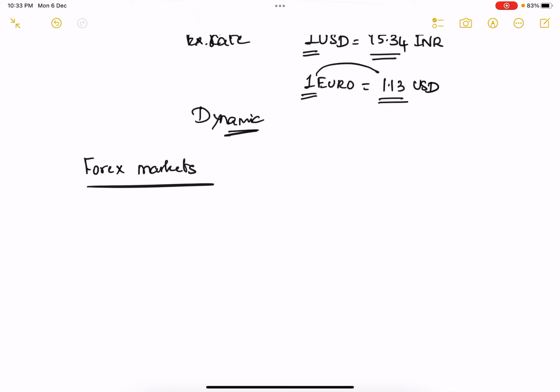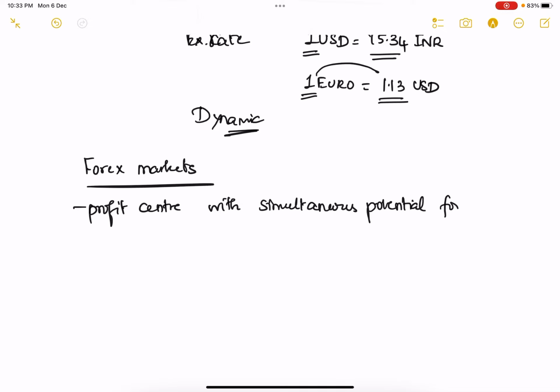A forex market is a profit center with simultaneous potential for losses. It is not a four-walled market like a vegetable or a fish market, as mentioned in the Macmillan book. It is a global market involving many countries.